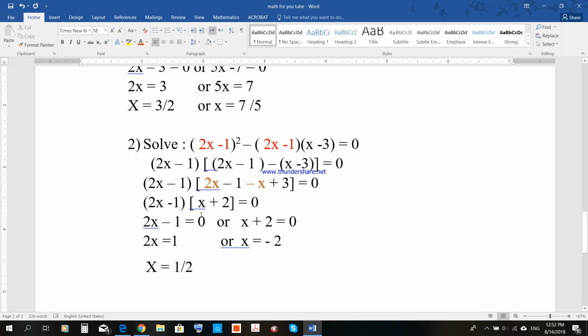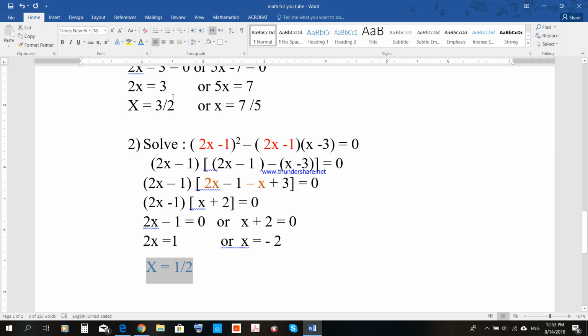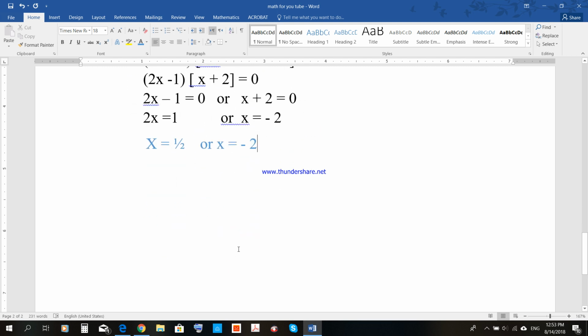This is the answer for the first parenthesis, or x equal minus 2. These are the answers.